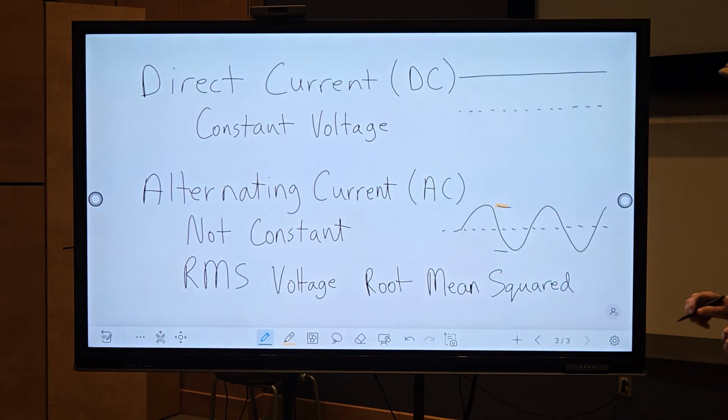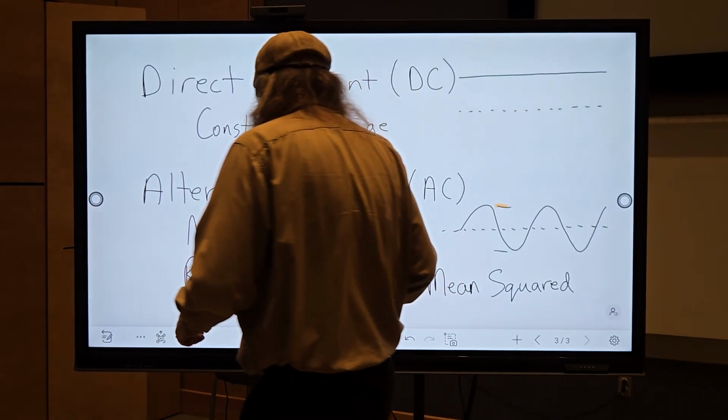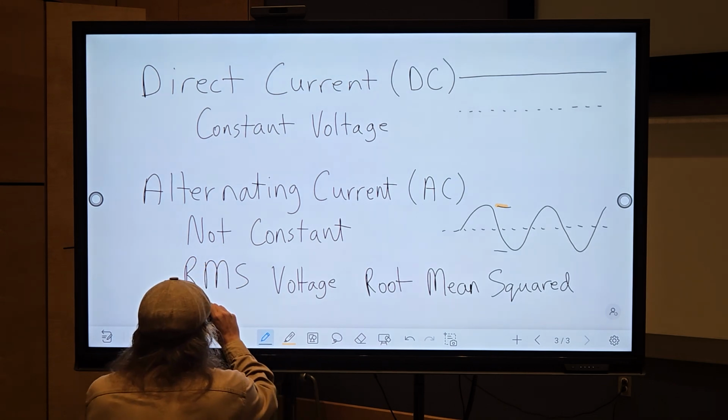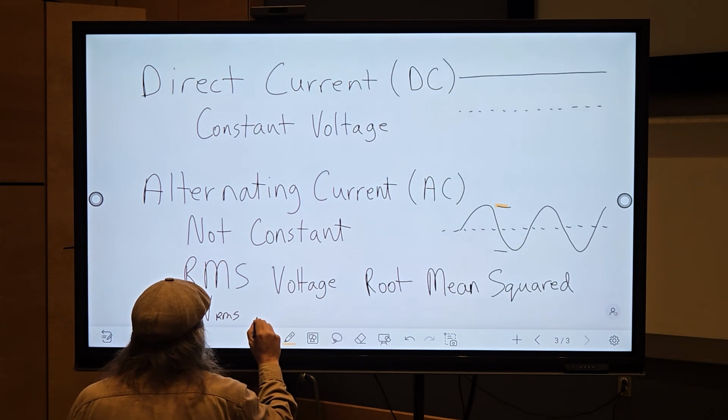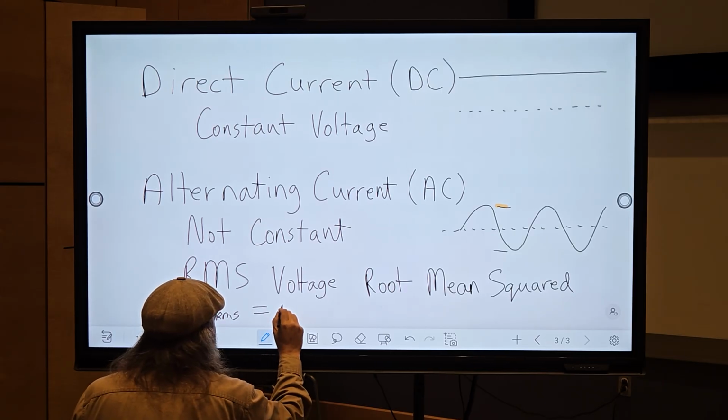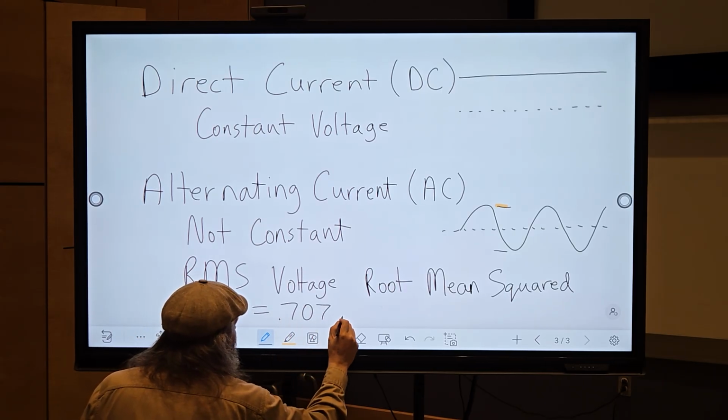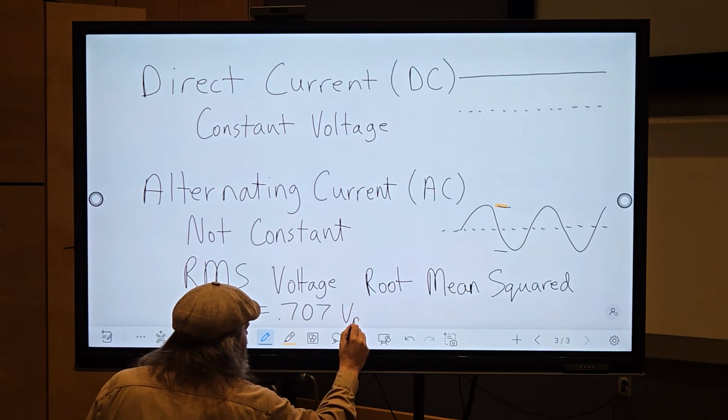The root mean squared voltage is the level of voltage where it's more reflective of the work that the electricity can do. So VRMS equals 0.707 of the voltage peak to peak.